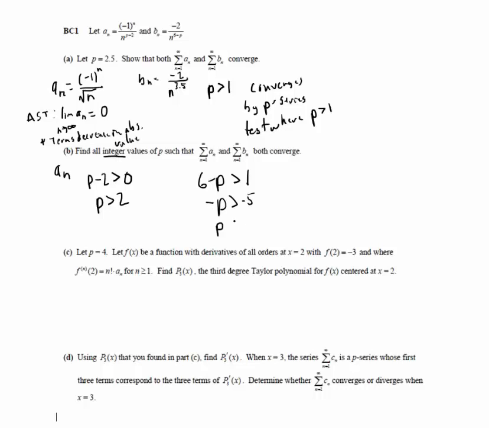Remember, when it's an inequality, you have to flip the inequality around, and p has to be less than 5. Okay. So we're looking for the integer values that are bigger than 2 but less than 5, which would be 3 and 4. So for this one, p equals 3 or 4. Okay. And this is kind of your justification here that I showed you there.